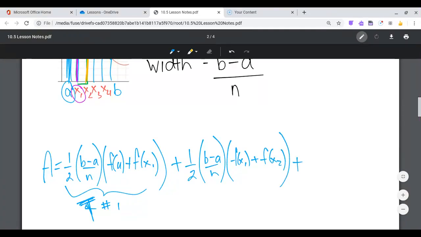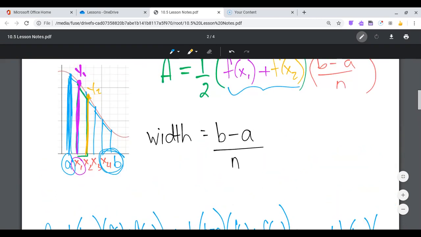Plus, you can see the pattern. We would keep going until we got to the very last trapezoid. So it would be 1/2 b minus a on n times, when I get to this particular example, f of x4 plus f of b.